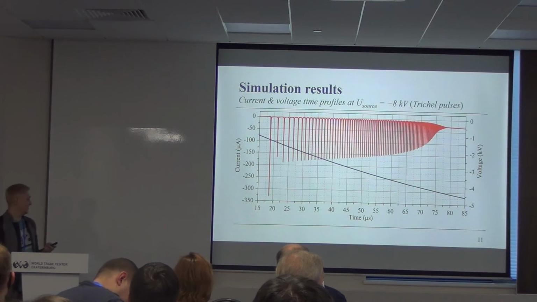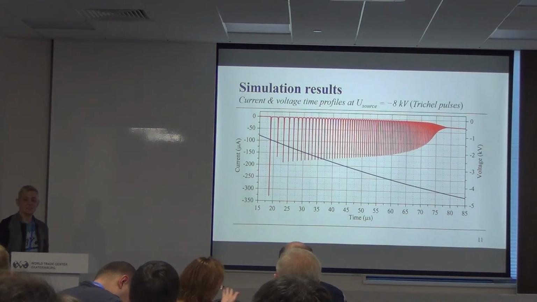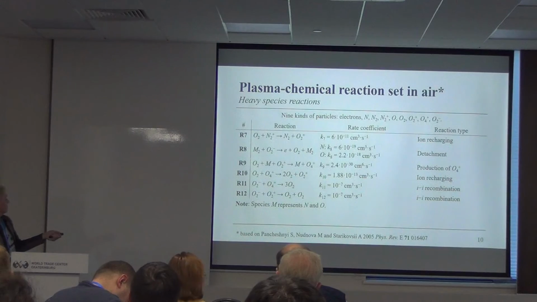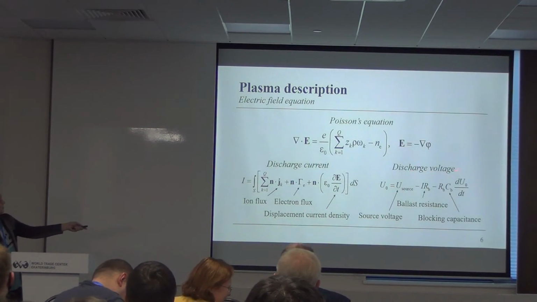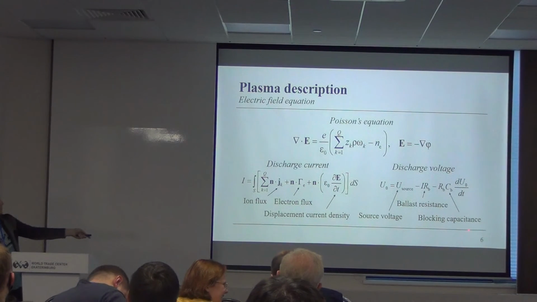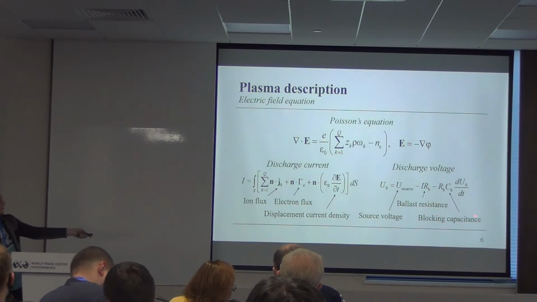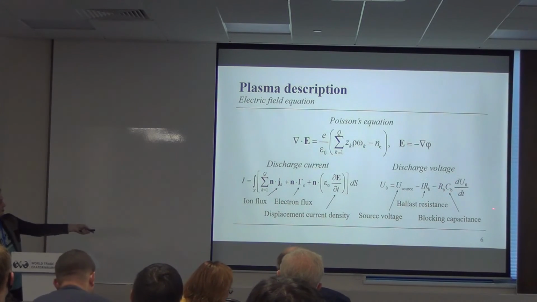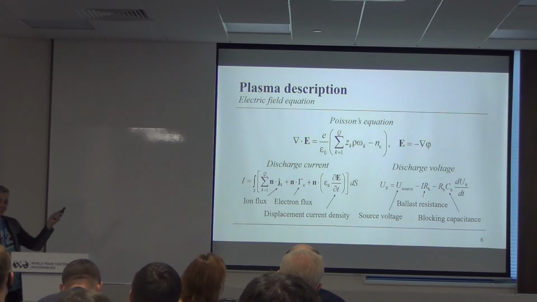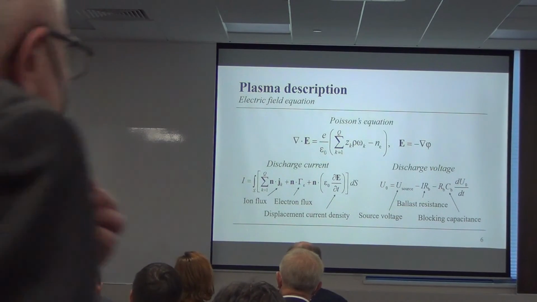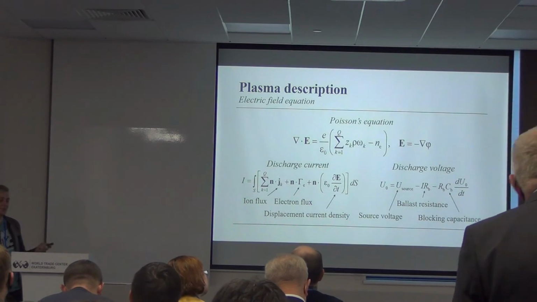Yes, if we don't include the capacity in the model. As you can see, the discharge voltage is calculated using the capacitors and resistance. If this term is disabled, then yes, you can see the constant stage, and then the breakdown occurs.